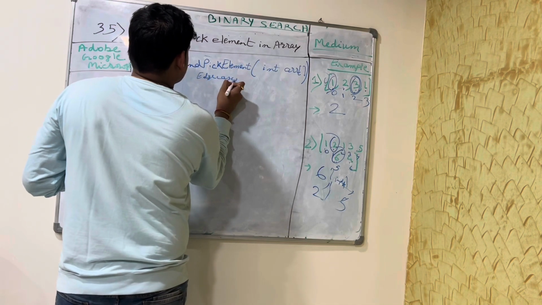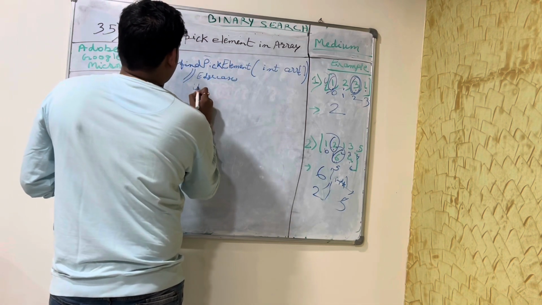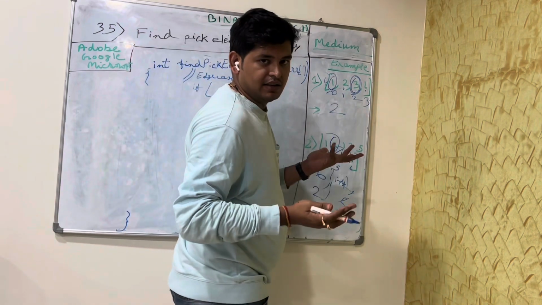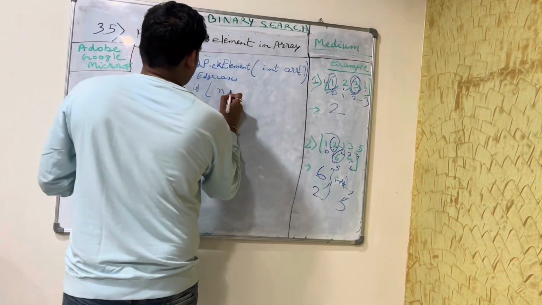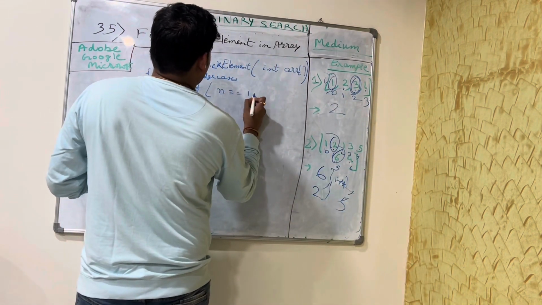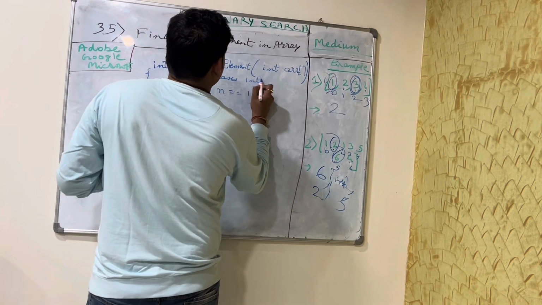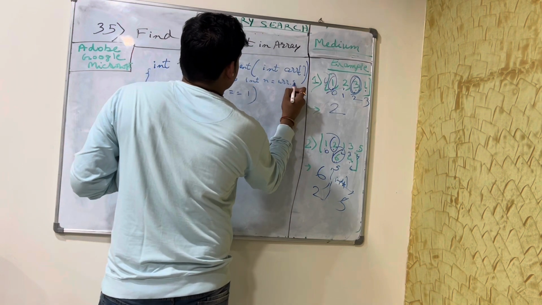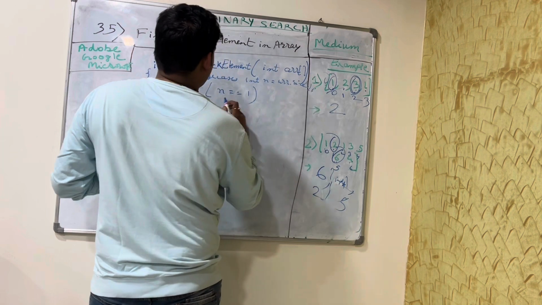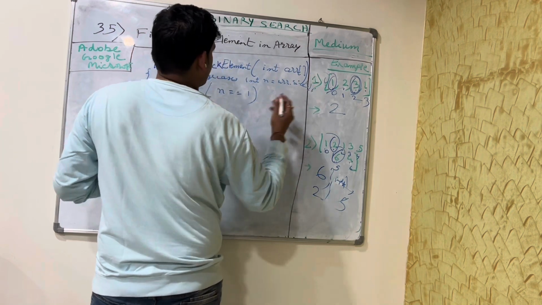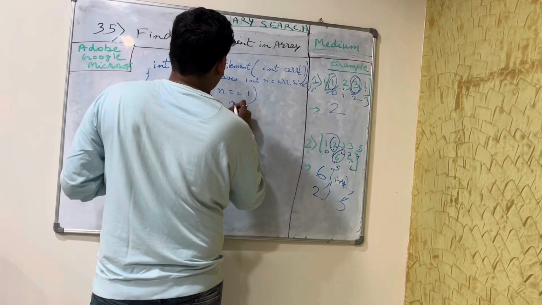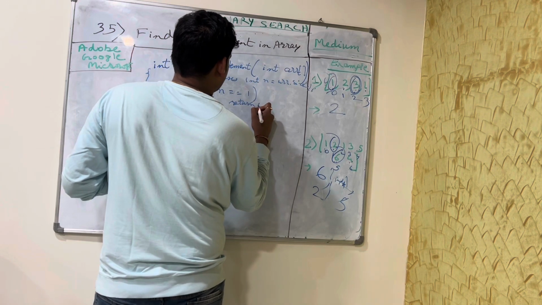What are the edge cases? If there is only one element, then we don't have anything to compare. So if n equal to 1, where n is the array size, then what would be our answer? The first element itself, so we return its index, return 0.